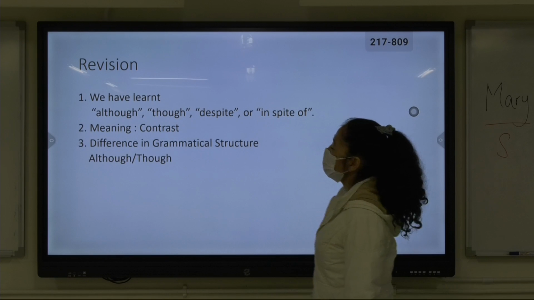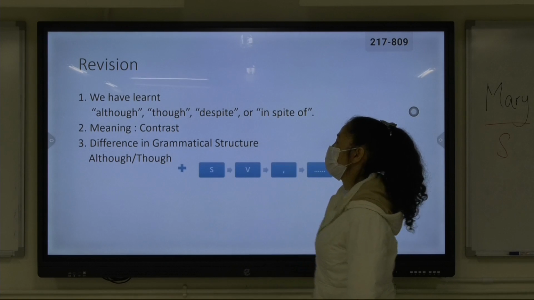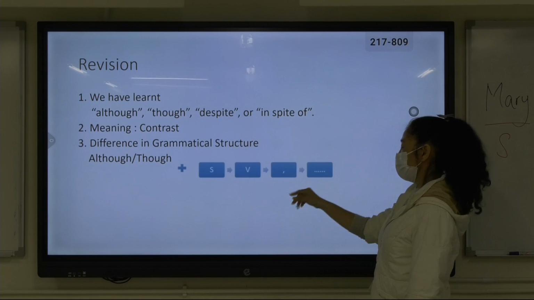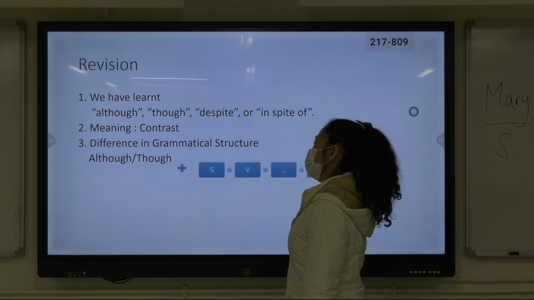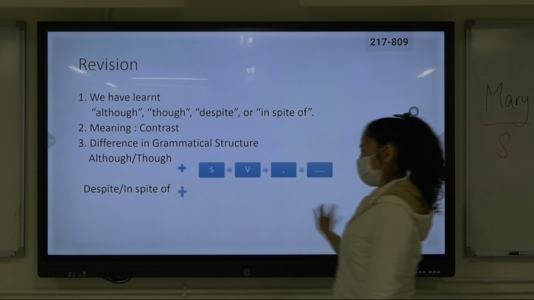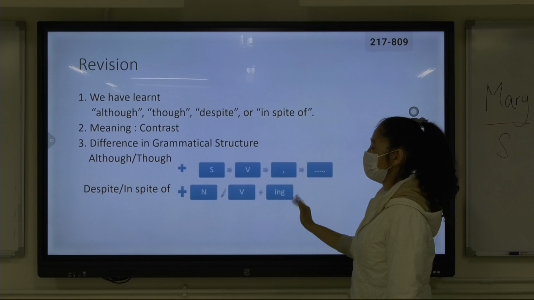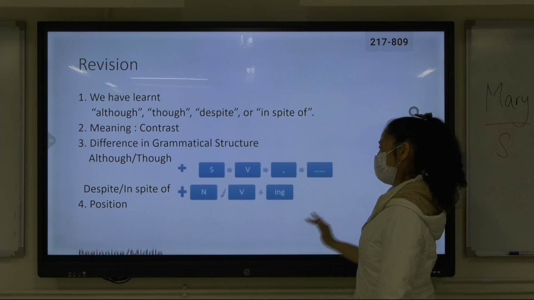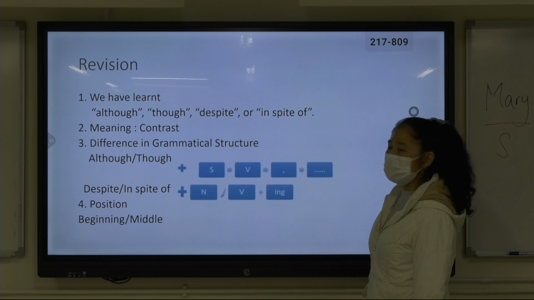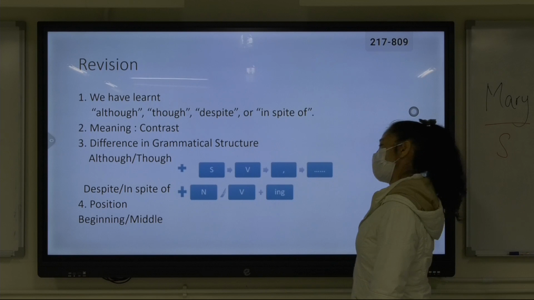Although and though, these 2 connectives, are followed by subject, verb, then comma and a clause if it is in the beginning. And despite, in spite of should be followed by either a noun or verb plus ing. As for position, where should we put them? They can be in the beginning and middle. Only one word, though, can be put at the end.